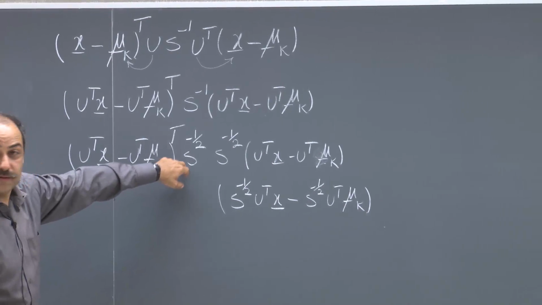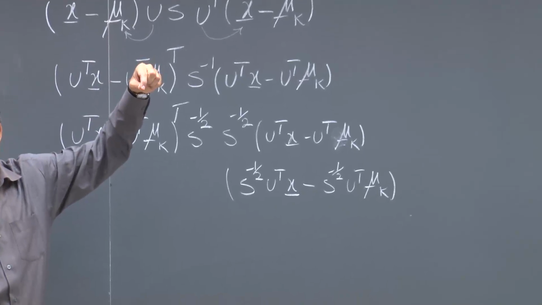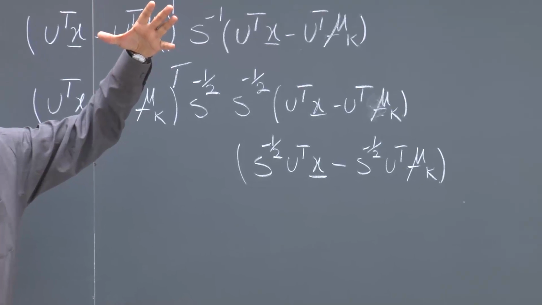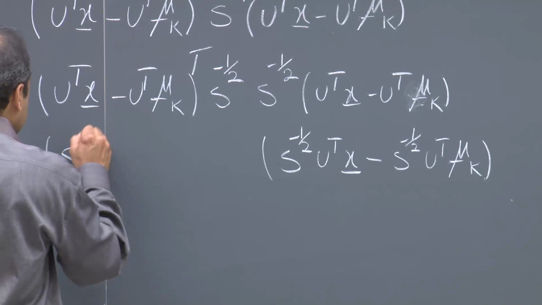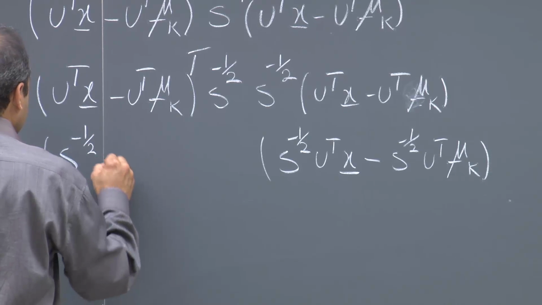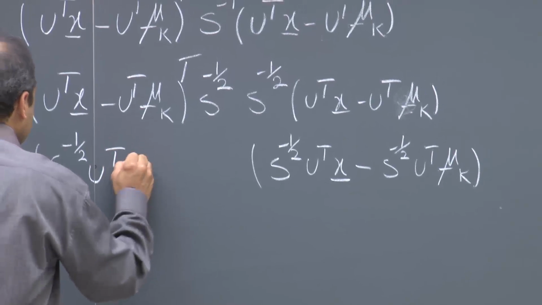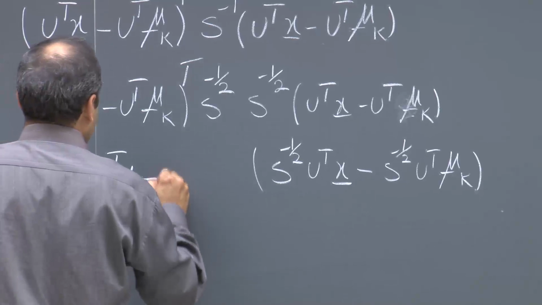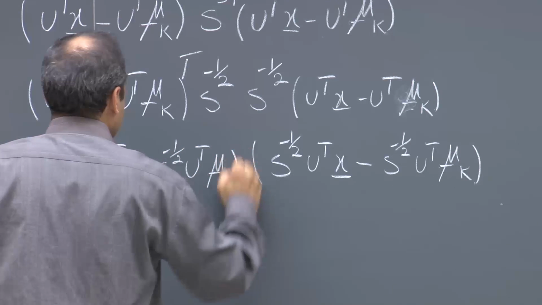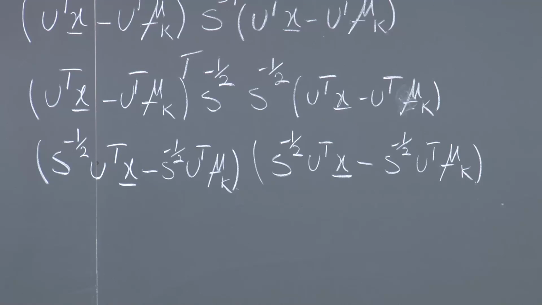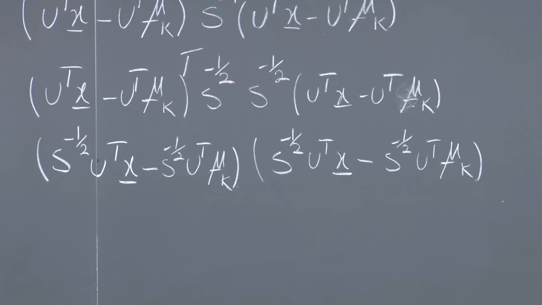If I take the transpose of this, since it's diagonal, the transpose is the same as the matrix itself. So I would write just S negative 1/2 U transpose X minus S negative 1/2 U transpose mu K.